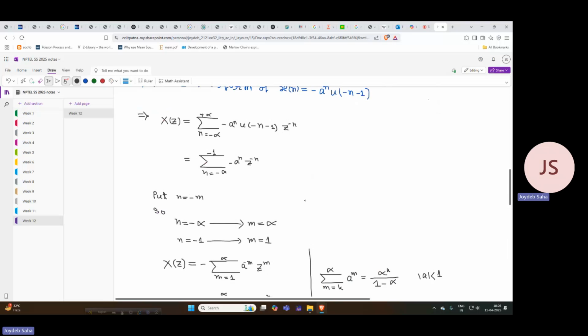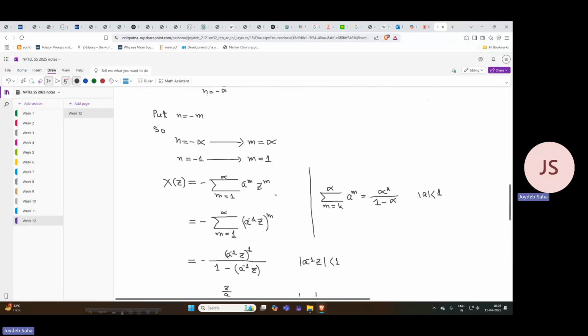Take 1 or 2 more minutes and try to understand what conversion we've done here. This part. If there is any doubt, please ask.